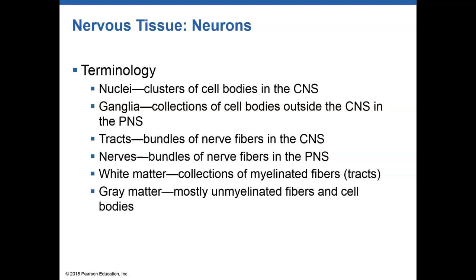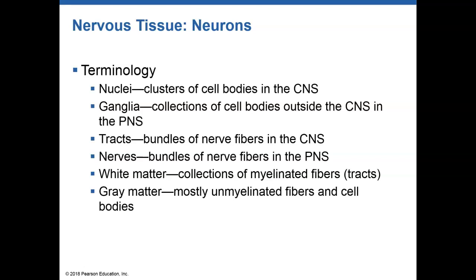So in this definition, it's a cluster of cell bodies, okay? And each cell body would have its own nucleus, so you can think of it that way. But if this same collection of cell bodies is in the PNS, then it's called ganglia.